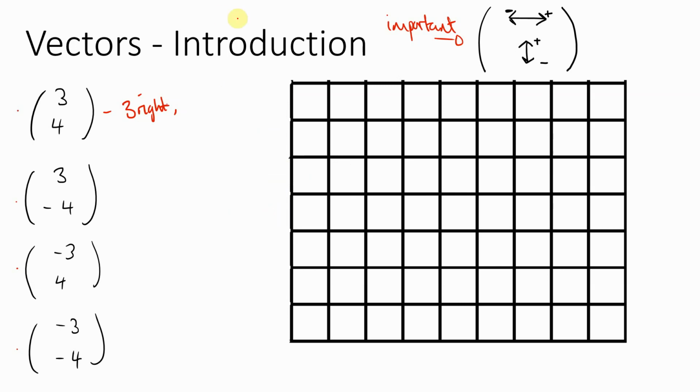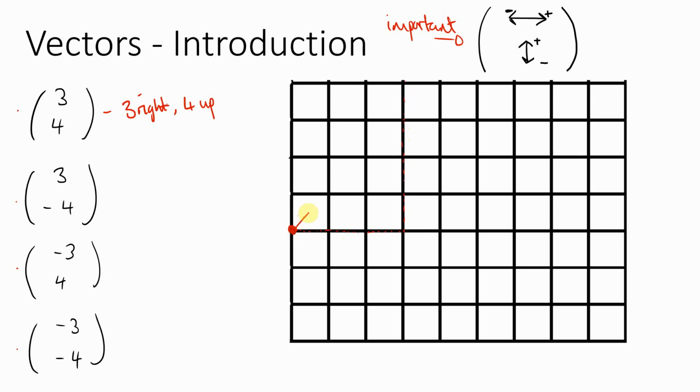And 4 up. So if I was to draw this vector, it doesn't actually matter where it is on our grid. It's just a movement. It could be anywhere. So I'm just going to start it here. If I was to draw this vector, it's going to be 3 right, 1, 2, 3, and 4 up, 1, 2, 3, 4.